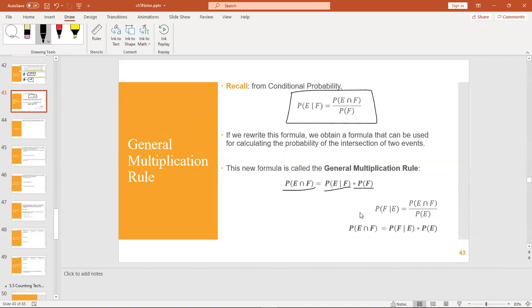You multiply by P of F on both sides, and it gives you a new formula. Here's what the formula looks like if you switch E and F around. They mean the same thing. The probability of them together equals the probability of the first given the second times the probability of the second. So that's the general multiplication rule.